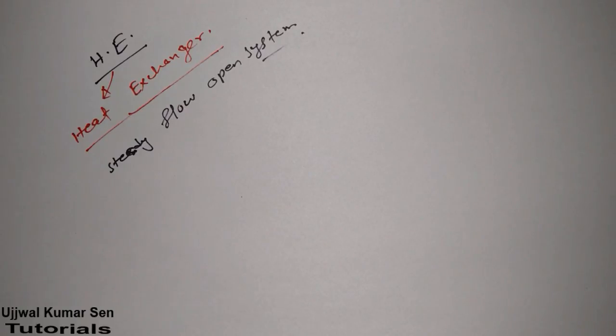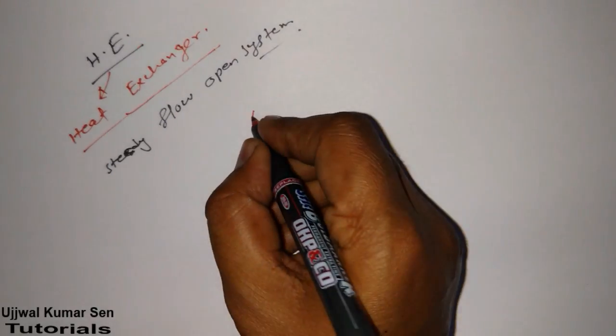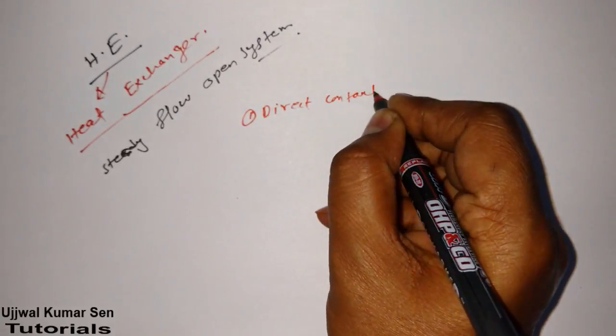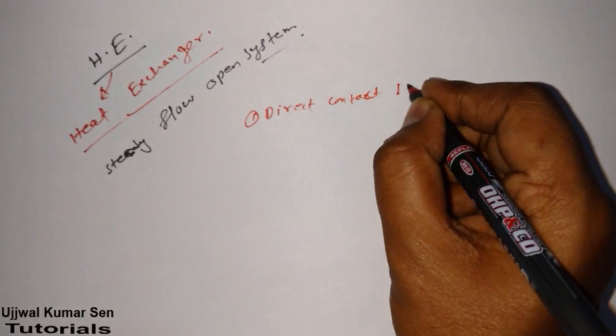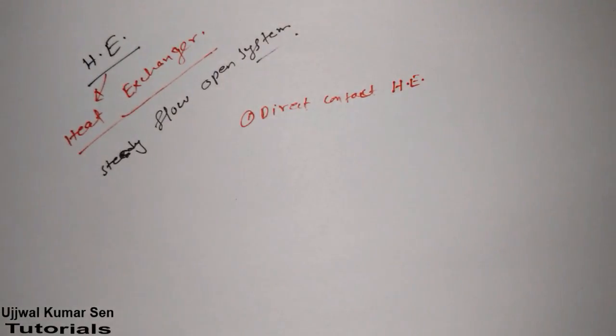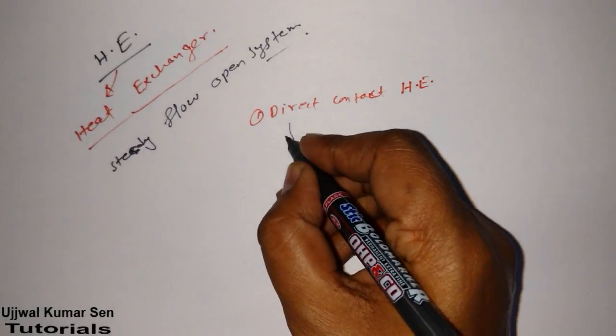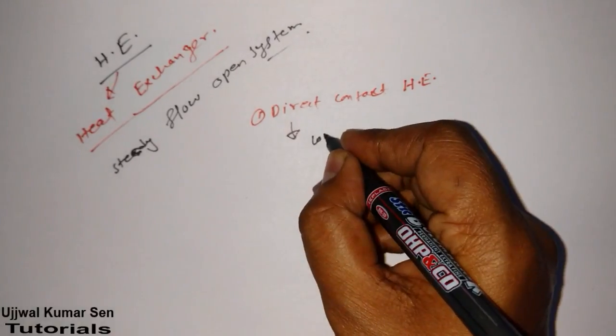Now, most important, if I talk about classification, there are many ways to classify heat exchangers. Just like direct contact heat exchanger. An example of a direct contact heat exchanger is the cooling tower.